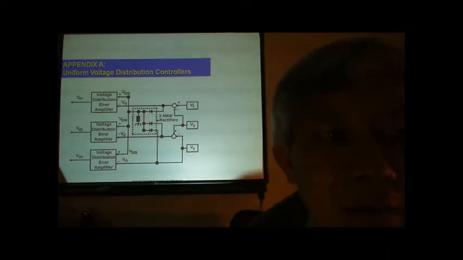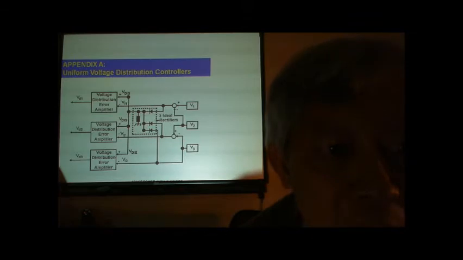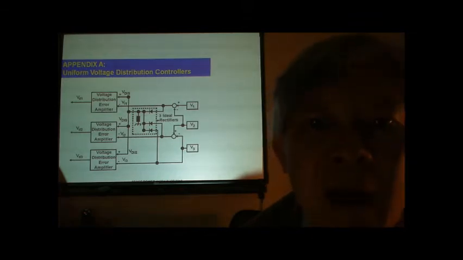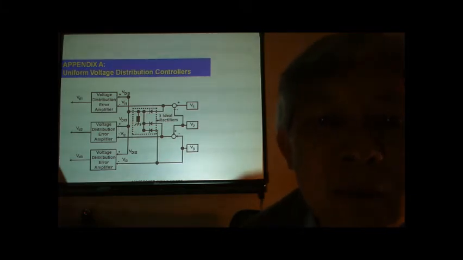In this manner, the uniform voltage distribution controller is able to generate the minor control correction voltage signals VD1, VD2, VD3 and feed them upstream to make a correction to the primary control voltage shown in the previous slide.